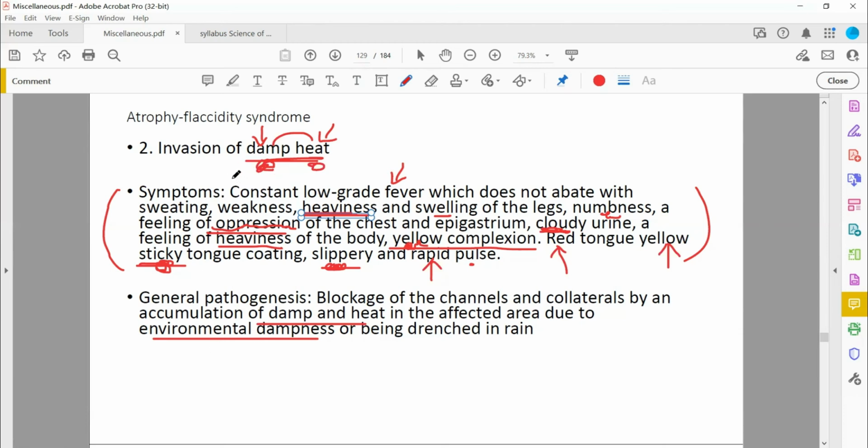In TCM, this type of bacteria, virus, or fungus, we call dampness pathogen. Rain is moist, dampness.